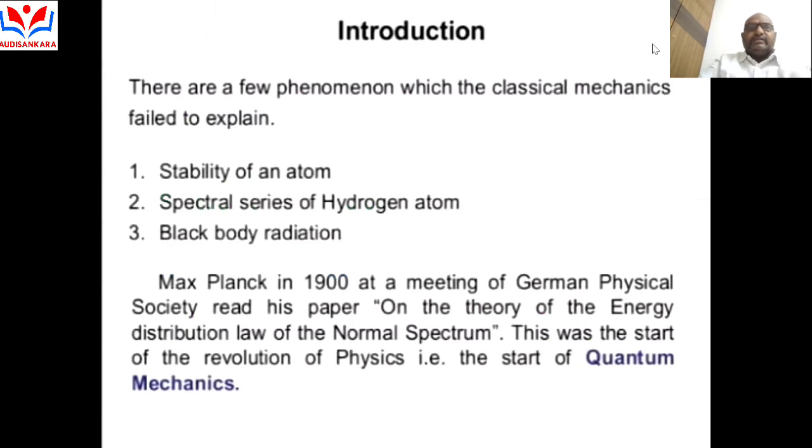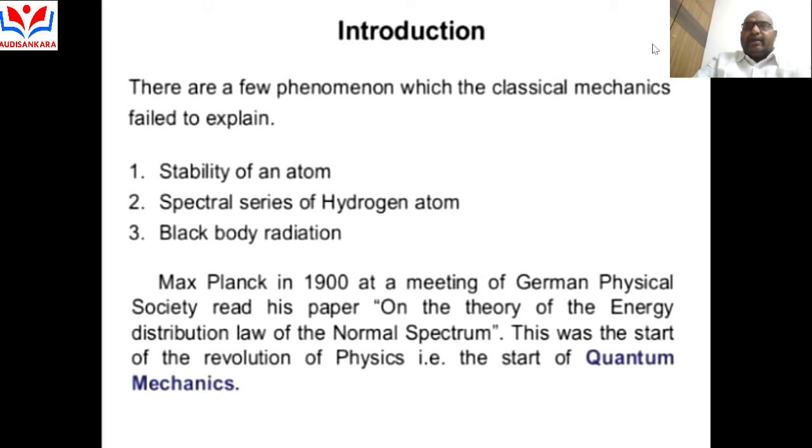The first one is the introduction of quantum mechanics. There are a few phenomena which classical mechanics fails to explain: number one, the stability of an atom; number two, the spectral series of hydrogen atom; and number three, black body radiation.